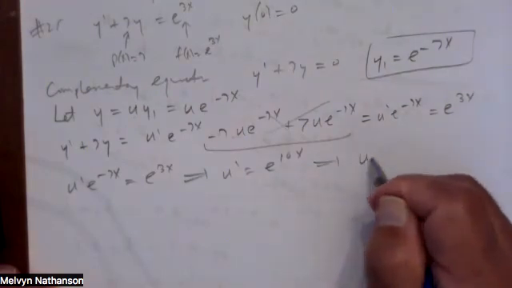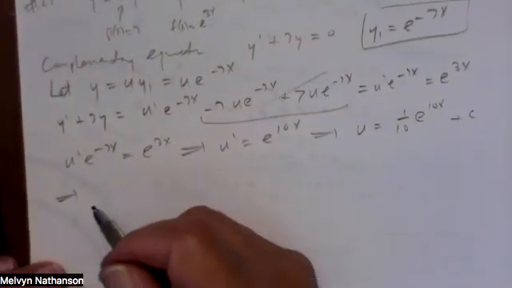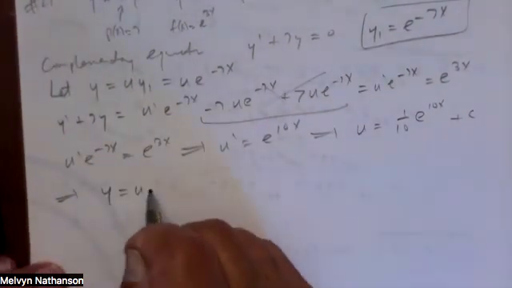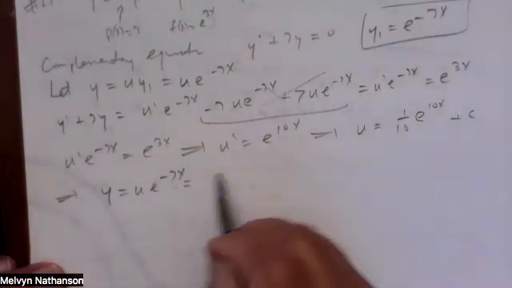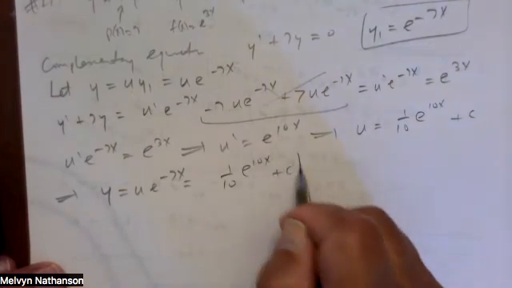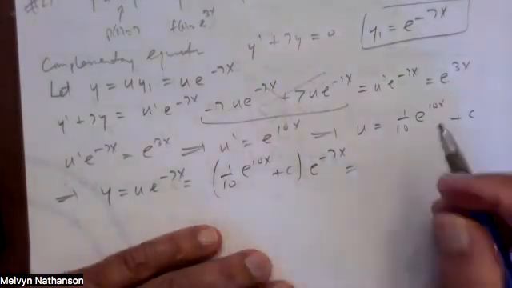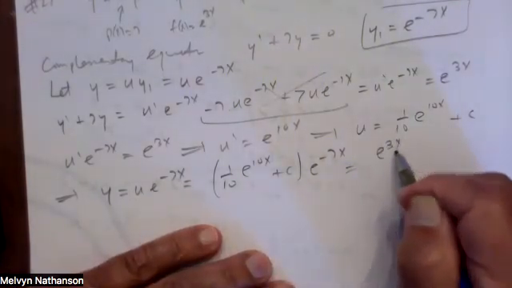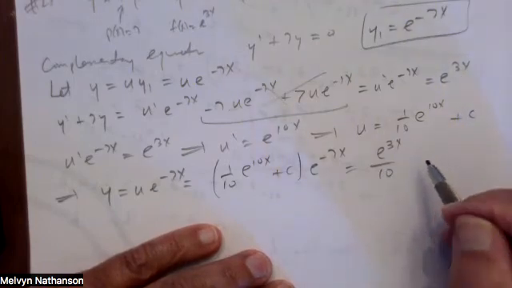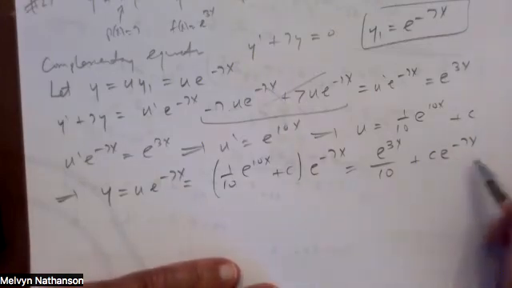When you integrate, u is equal to 1/10 e to the 10x plus a constant, which means my general solution, y equals u e to the minus 7x, is 1/10 e to the 10x plus c times e to the minus 7x, or if I expand this, e to the 3x over 10 plus c e to the minus 7x.